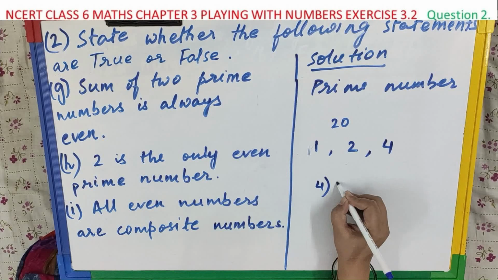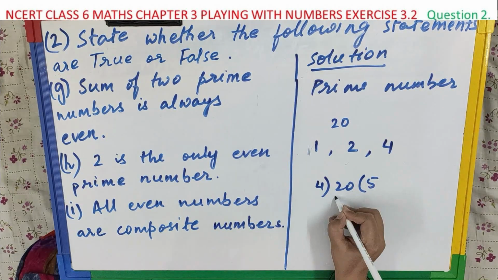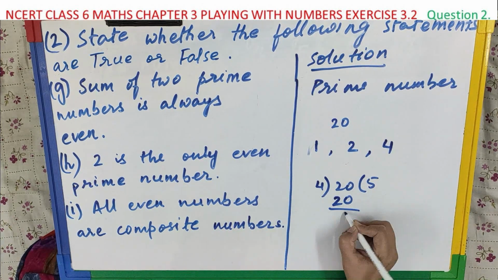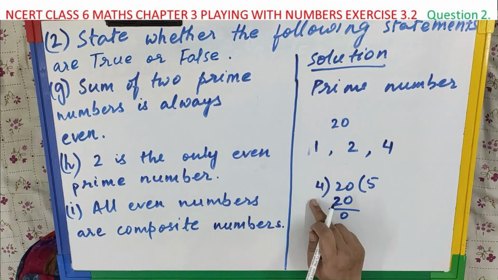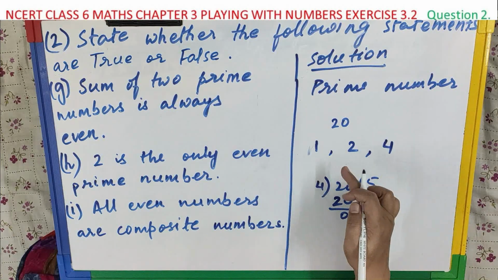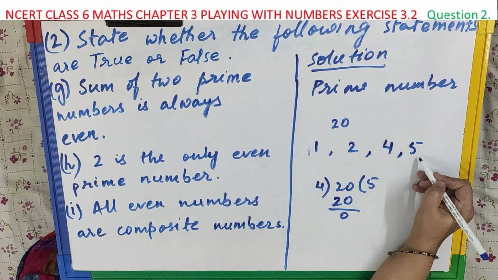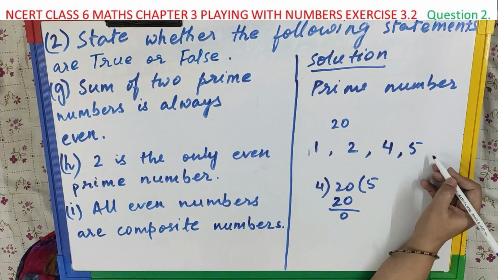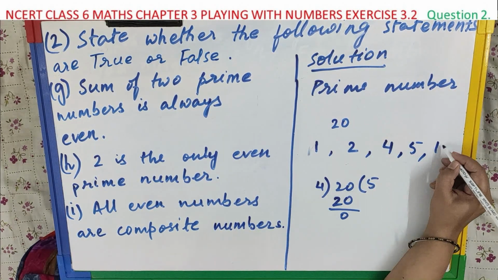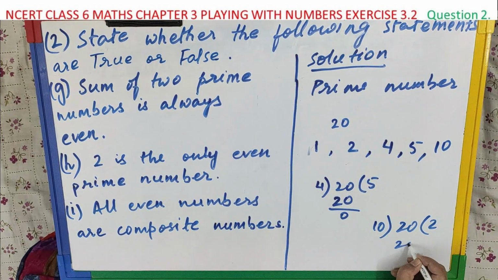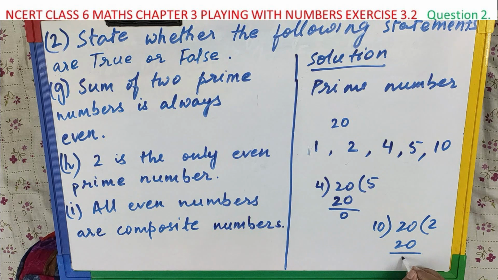So the remainder is 0. It is also divisible by 5, because 5 fours are 20, and by 10, because 10 twos are 20.